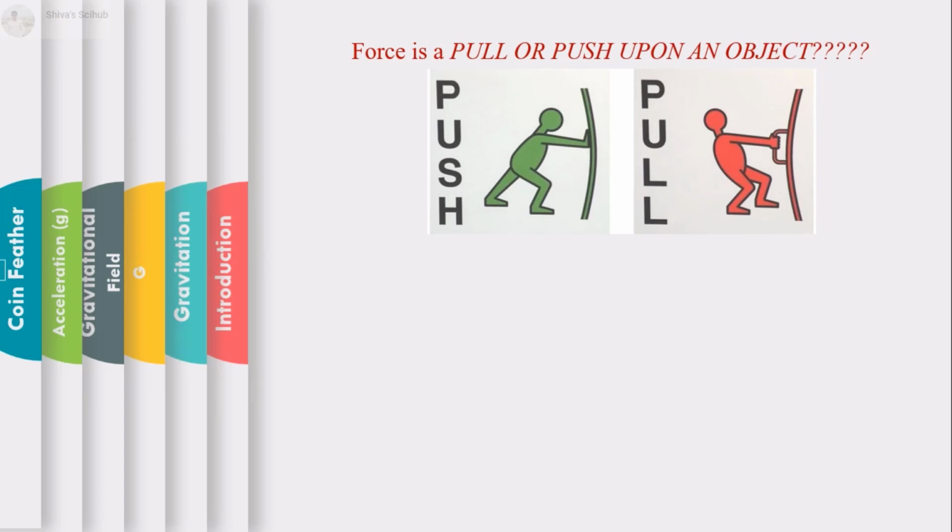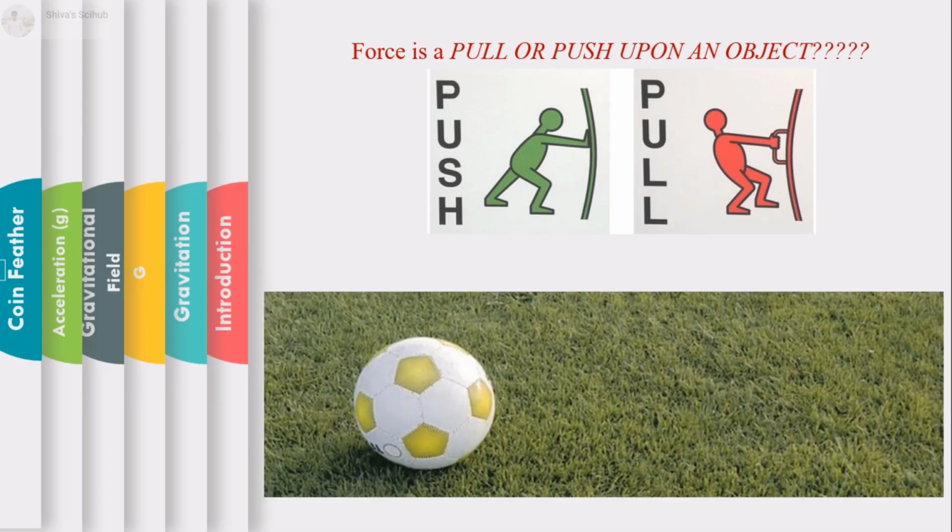Before we move on to the depth of the chapter of force, imagine a ball which is lying stationary on the ground. There is no human pulling or pushing. Now, is there any force acting on the ball? The answer is yes. There are mainly two forces acting on the ball.